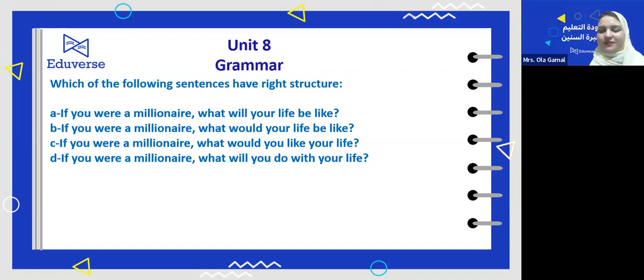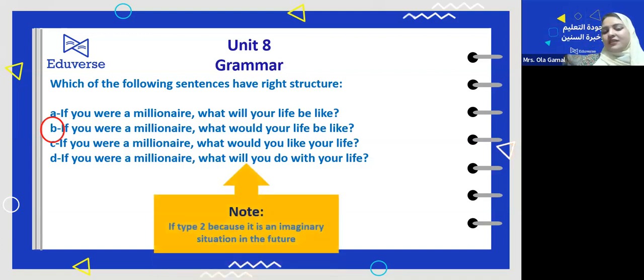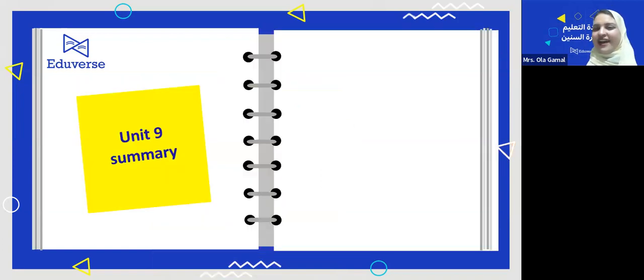Try to get the answer. It's going to be B. If you were a millionaire, what would your life be like? Because this is considered the second conditional, which is an imaginary situation in the present or the future. Yes, very good. So now I think you understood units 7 and 8, and let's move to unit 9.